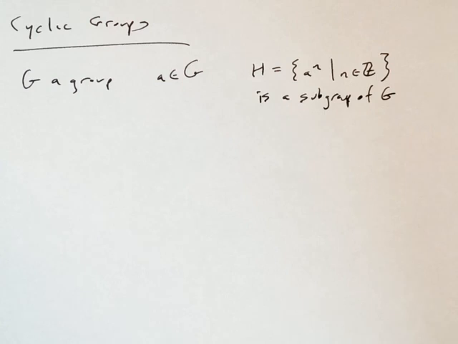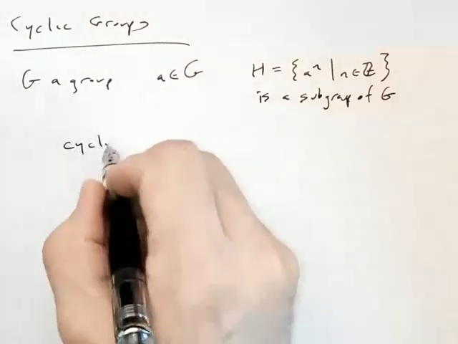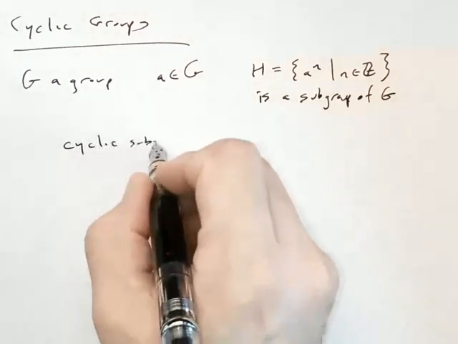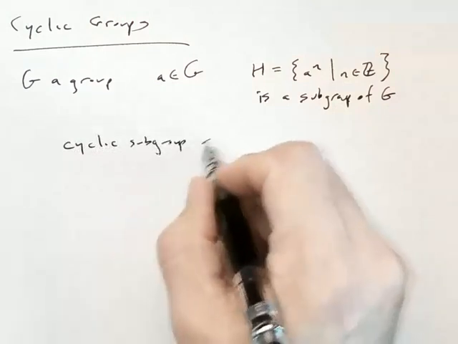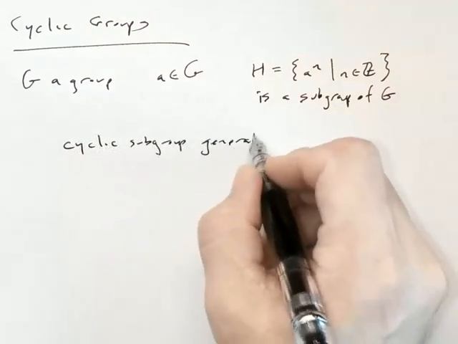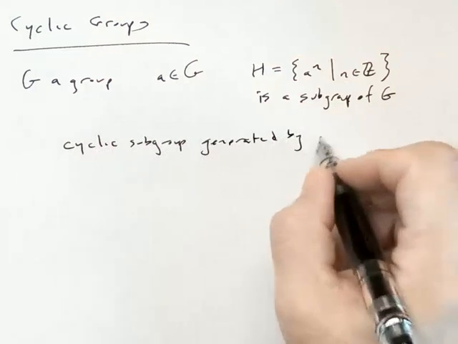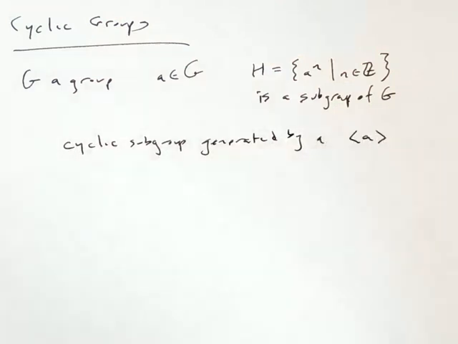I'm going to call it the cyclic subgroup generated by A. And we use this angle bracket A notation for this.